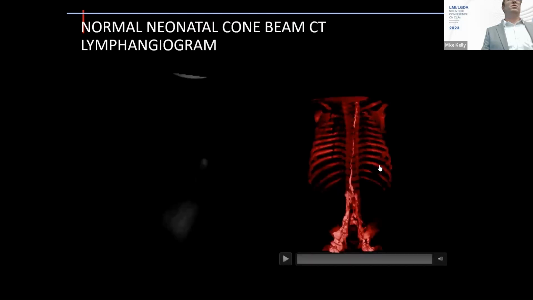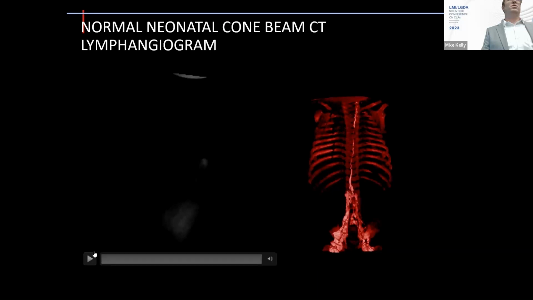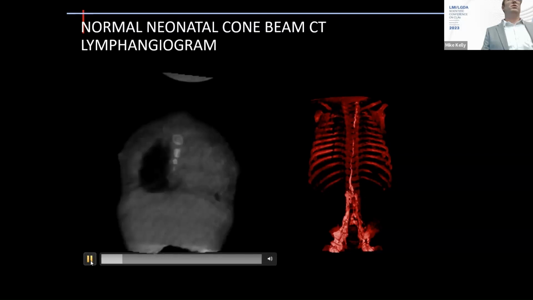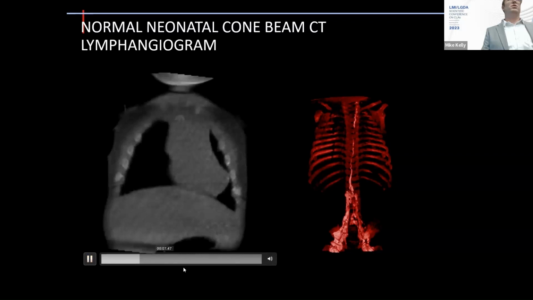Some infants are too small to tolerate going to the MR scanner. So if you have a less than 3 kilogram baby and you really want to get some imaging, we've solved that with using cone beam CT. This is a 3D CT image that we can create on our interventional radiology machine. It takes about 5 minutes to do.